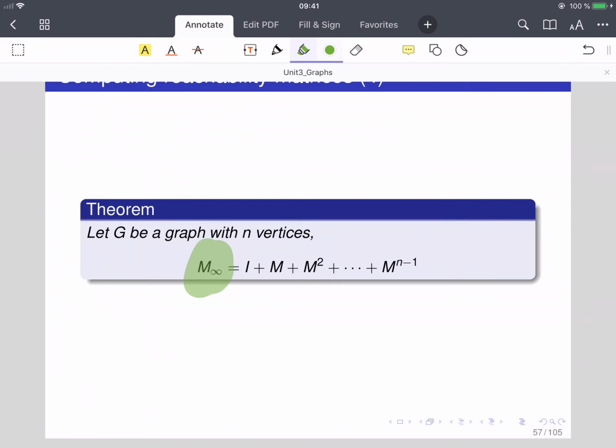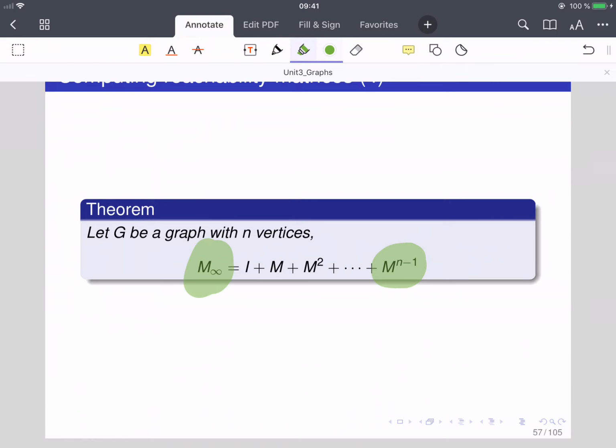We only need to go up to the nth minus 1 matrix, or the nth minus 1 power of the adjacency matrix.